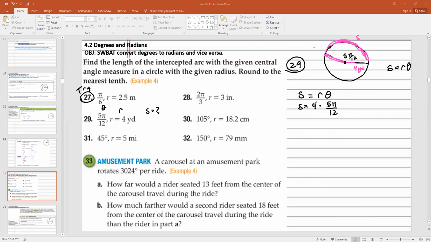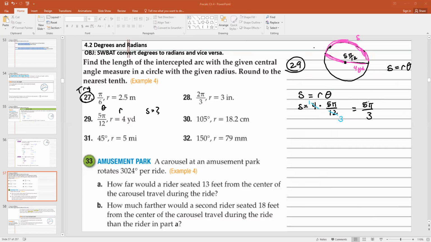Whenever you multiply with a fraction, you always want to look at the diagonals to see if anything cancels out. Here we can simplify: 4 goes into 12 three times, and 4 goes into 4 once. So that gives us 1 times 5 pi, which is 5 pi on top, and 3 on the denominator. So 5 pi over 3.